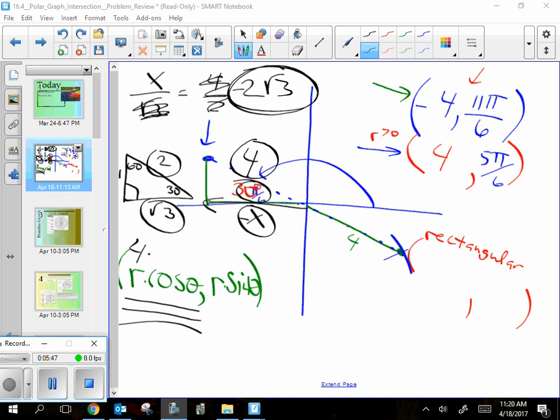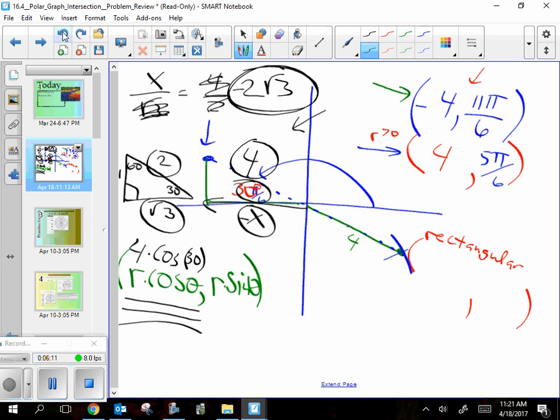I apologize. All right, so 4 times cosine theta, and this cosine theta is cosine of 30, but it's cosine of 30 in this quadrant, which makes it negative. Cosine of 30 normally would be positive, but cosine of 30 is actually over there. Technically, we're doing cosine of 5 pi over 6.